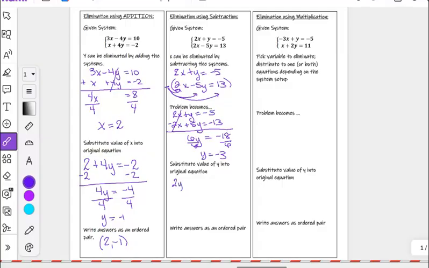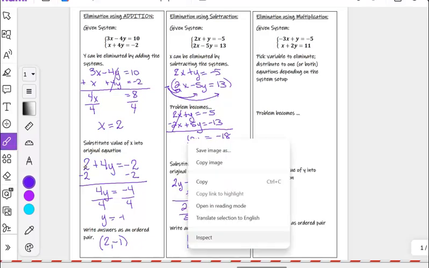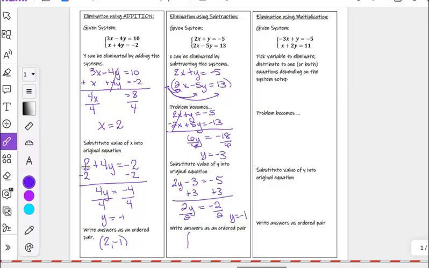So I have 2x minus 3 equals -5. So add 3 to both sides. 2x equals -2. Divide by 2. X equals -1. So as an ordered pair, I'm going to have (-1, -3).